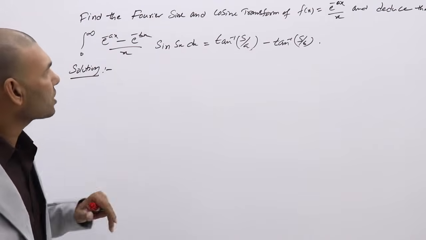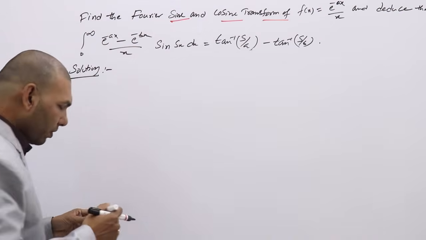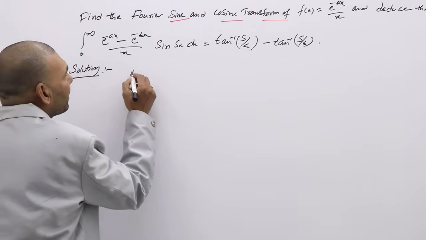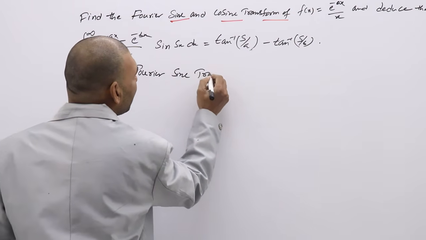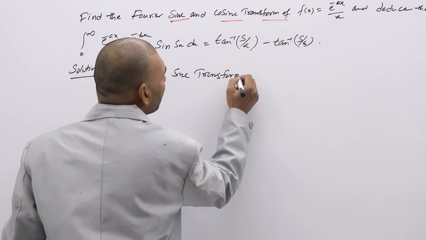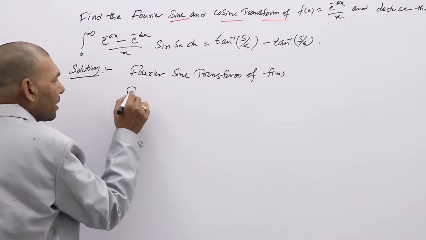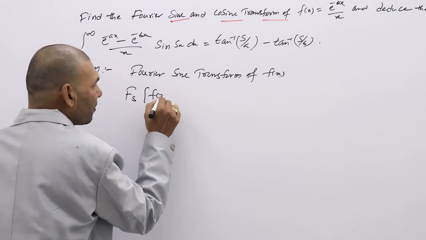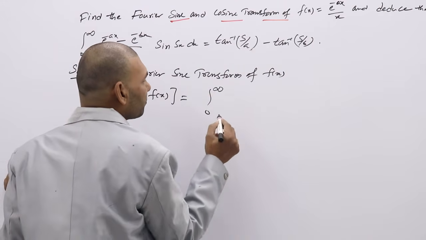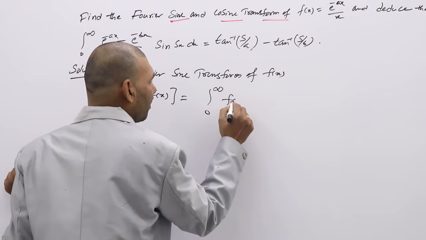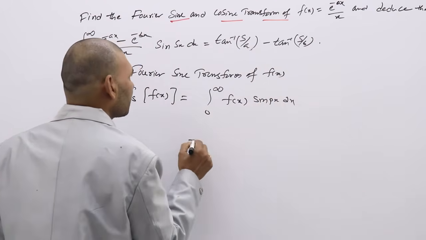So first, we need to find the Fourier sine and cosine transform of f of x. What is the Fourier sine transform of f of x? It is represented like this: Fs of f of x is equal to integral 0 to infinity f of x into sin px dx.